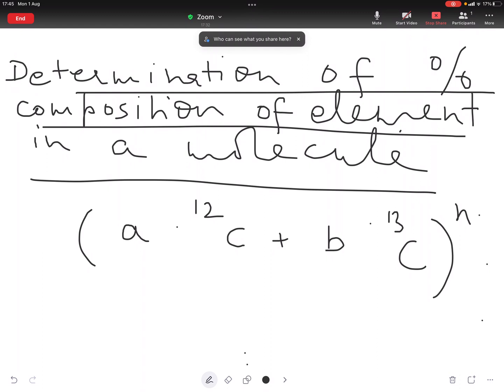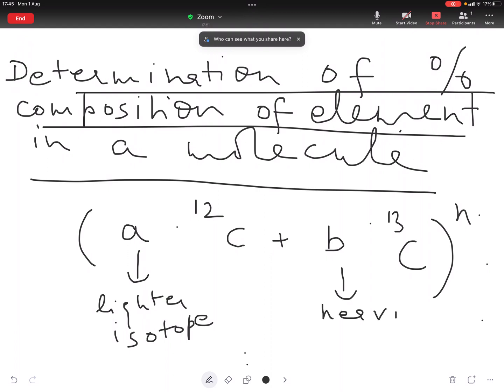A is the percentage natural abundance of the lighter isotope, and B is the percentage natural abundance of the heavier isotope. And N is the number of carbon atoms present in the ion.